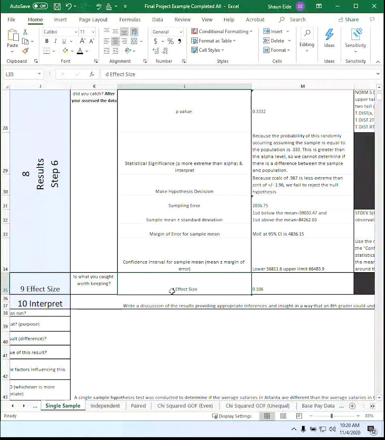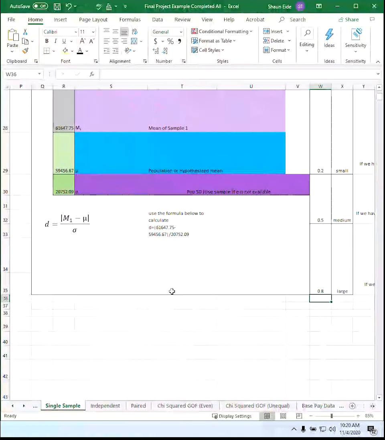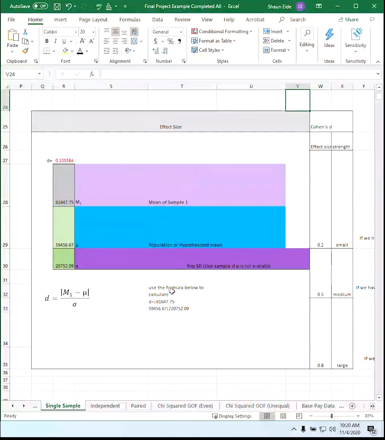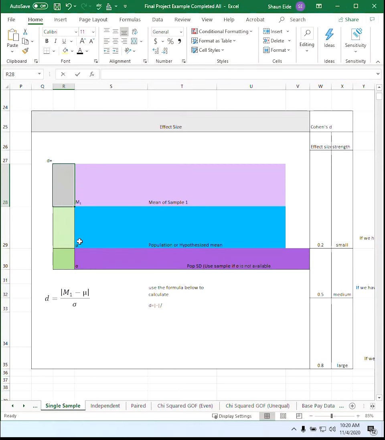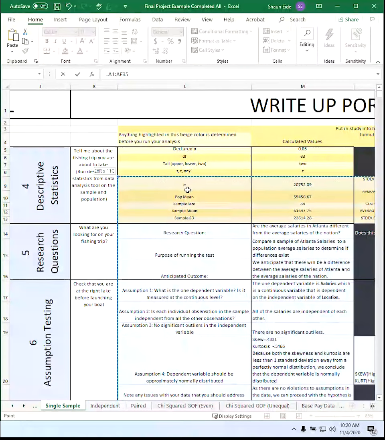So effect size. What you're going to do for the effect size is you're going to come over here and put all your information in right here. I'm going to put the mean of the sample, so equals the sample mean.